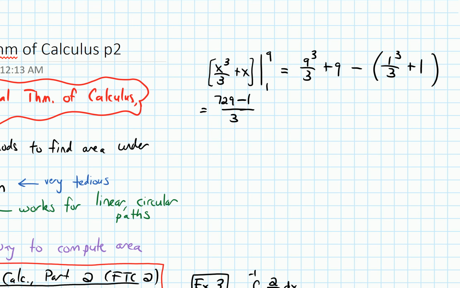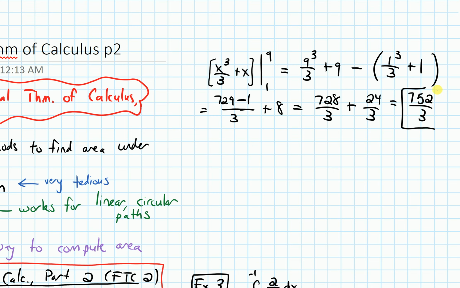And then I also have the 9 minus 1, which is 8. Okay, so 729 minus 1, that is 728 over 3. And then plus 8, getting a common denominator, so multiply this by 3 over 3 to get 24 over 3. And now adding these, 728 plus 24 is 752 over 3.